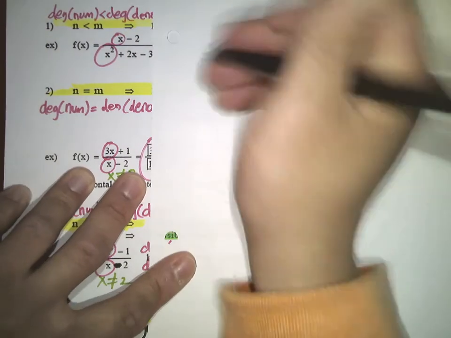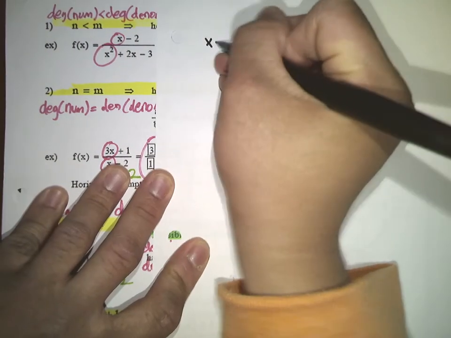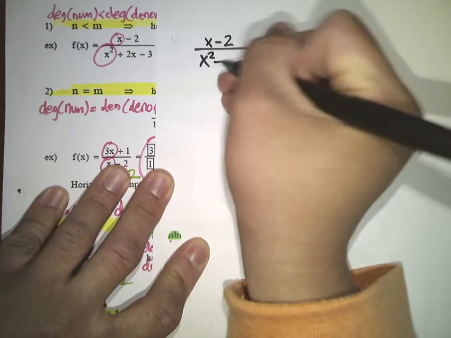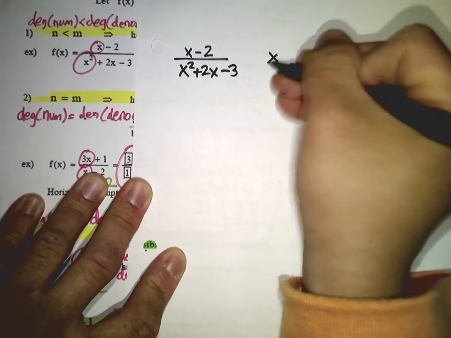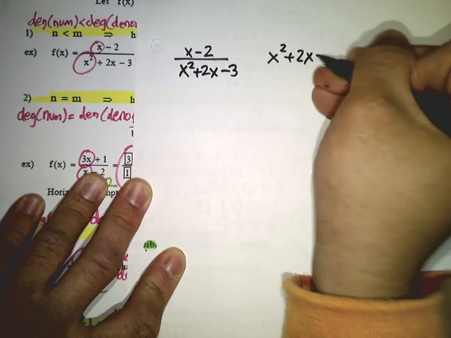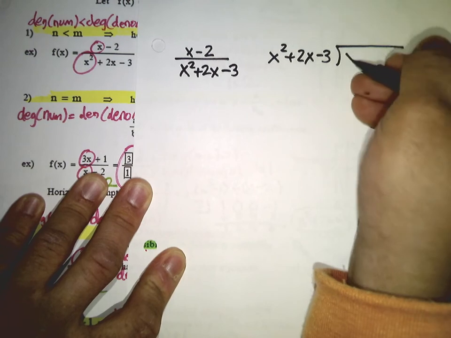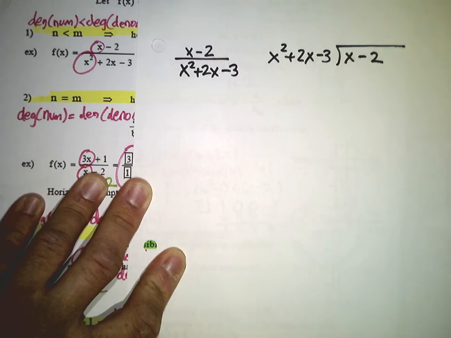So let's say that I had (x minus 2) over (x squared plus 2x minus 3), and then I tried to do this by long division.